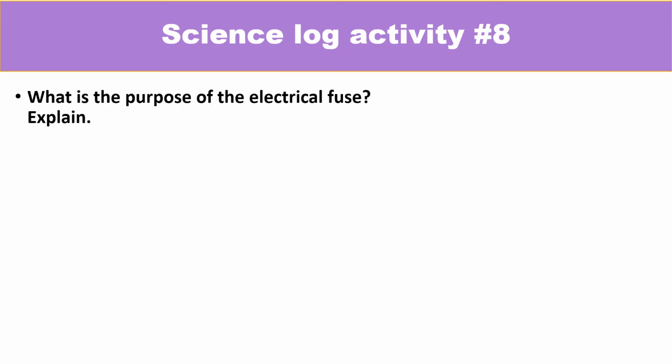The second question talks about what is the purpose of electric fuse. First of all, if I draw the fuse, in a cylindrical structure, we have a metal strip that goes like that.